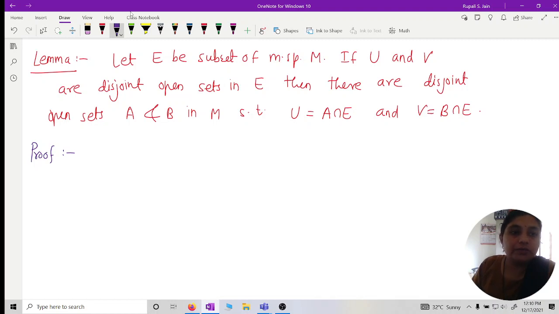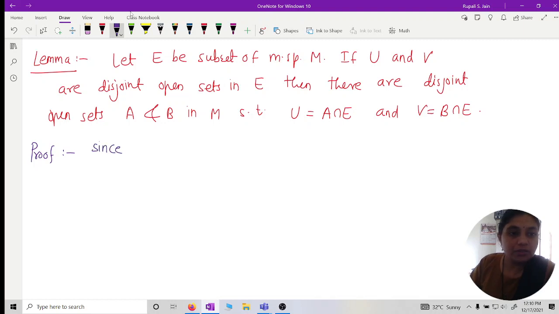What is given? U is open. Since U is open, what can I say by definition? For every x in U, there exists an open ball which is totally contained in U, right?